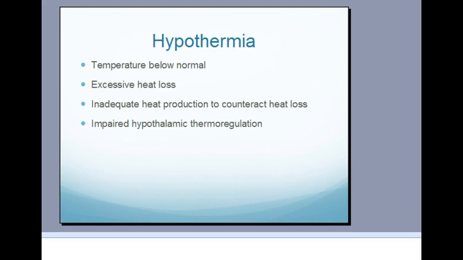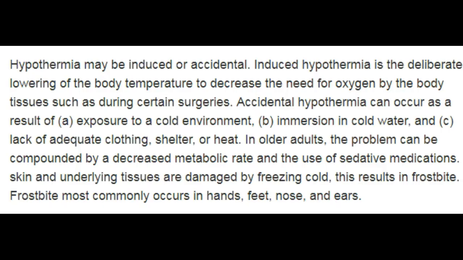The 3 physiological mechanisms of hypothermia are excessive heat loss, inadequate heat production to counteract heat loss, and impaired hypothalamic thermoregulation. Please read this section on hypothermia, especially induced and accidental hypothermia. It's all in this area.